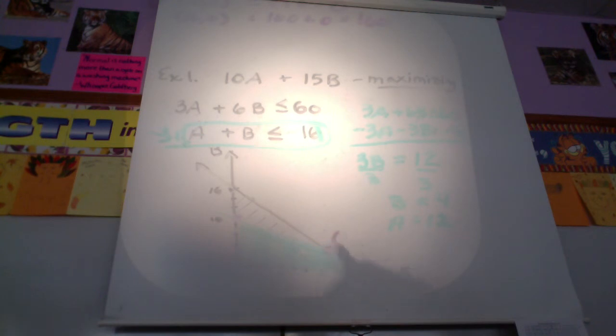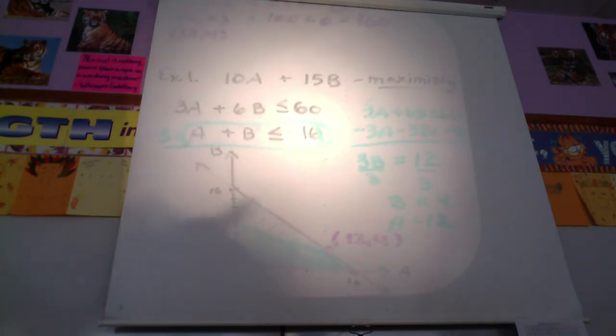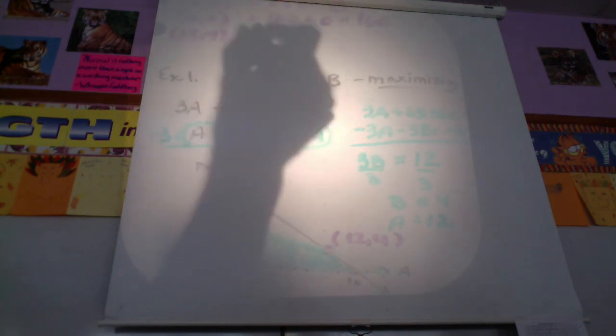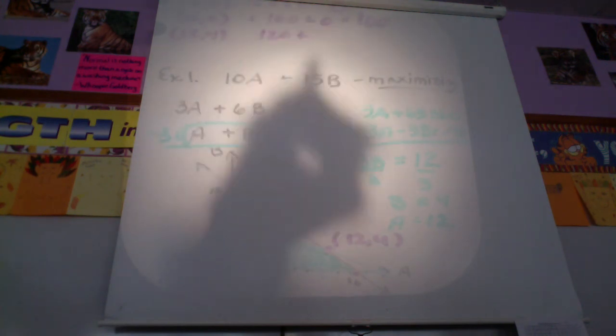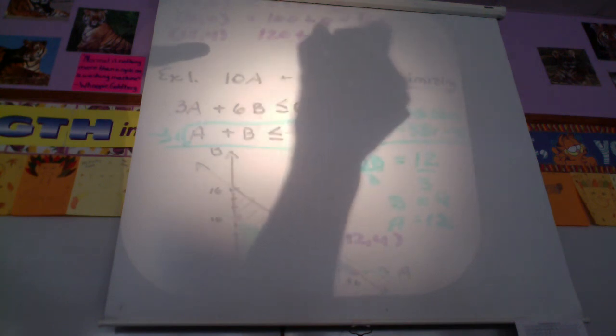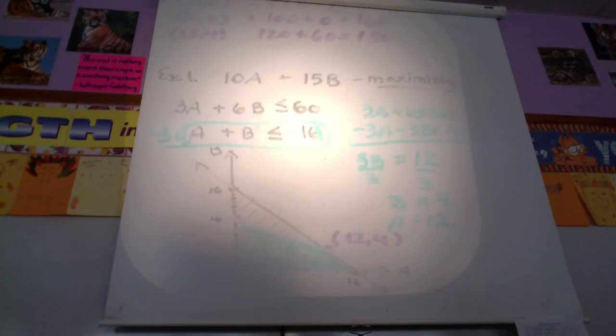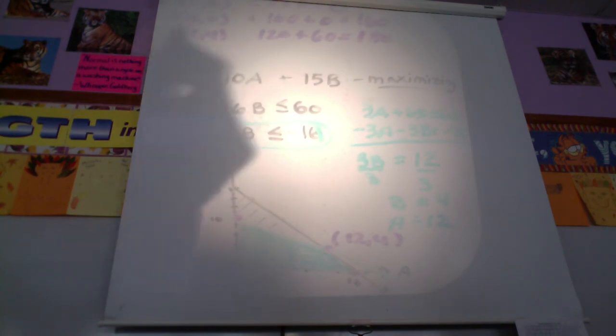Or the next point we identified as 12, 4. That means I have to take 12 times 10, or 10 times 12, which is 120. And 15 times 4, which is 60. And 120 plus 60 is 180. And then I have this last point, which is over 0 but up 10. So 10 times 0 is still 0.